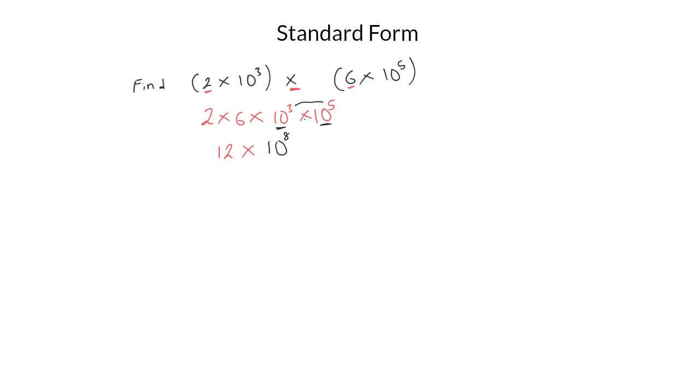Okay, so I now have 12, and I can take that step by step for you to keep memory of the steps. So I have 3 plus 5. So now I have 12 multiplied by 10 to the power of 8. Now, am I going to leave my answer like this?